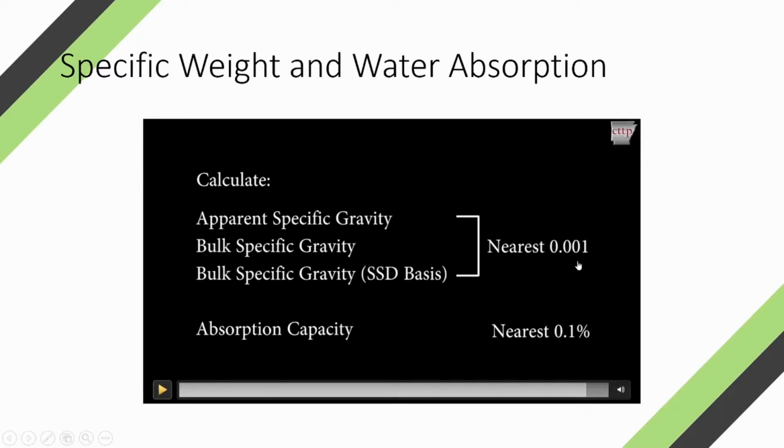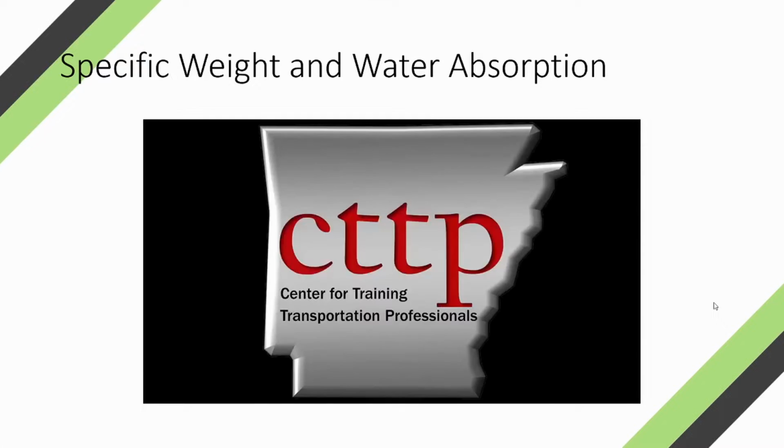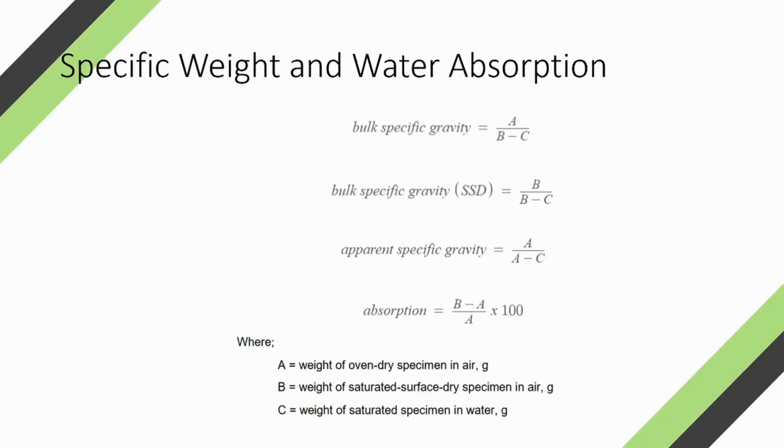So, magra-round off tayo dito sa nearest 0.001 sa ating tatlong ito. Tapos, 0.1% naman sa ating absorption. Specific gravity values should be reported. So, ito yung formula para makuha natin yung mga specific gravity and yung kanyang water absorption.